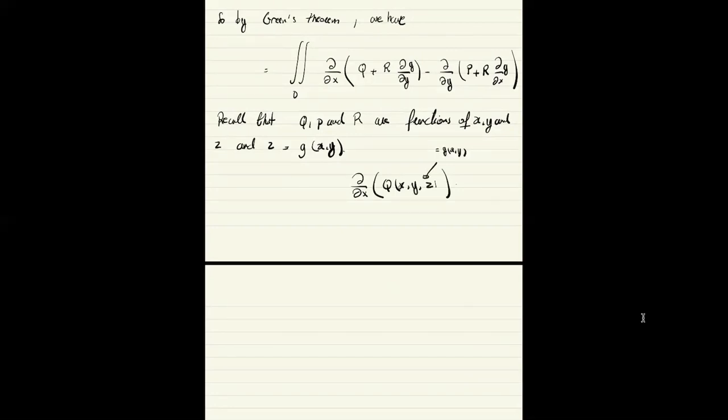So this is equal to the partial derivative with respect to x of Q, plus the partial derivative of Q with respect to z times the derivative of z with respect to x.